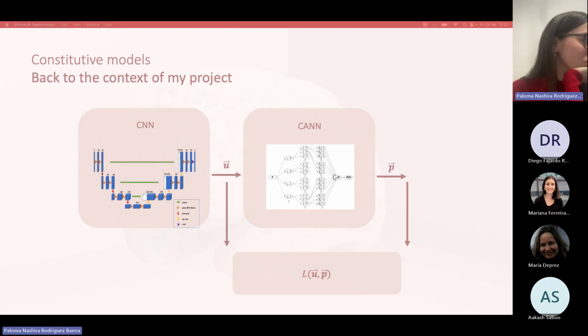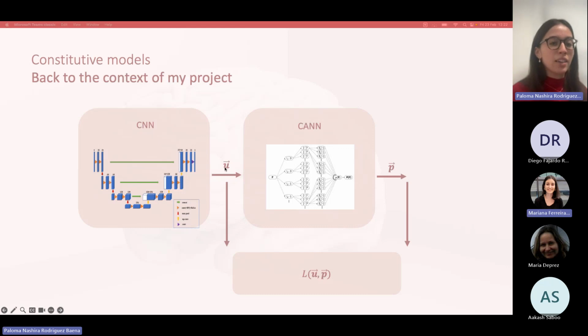So you're less likely to overfit because you don't have to estimate so much. You mean using the CAN? Yeah, because it is a very simple fully connected network with very few connections and a few nodes.